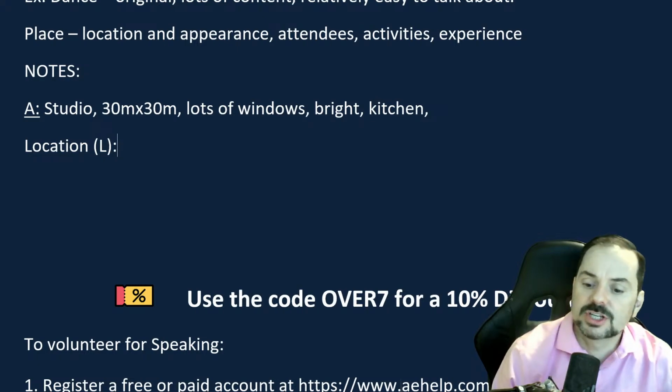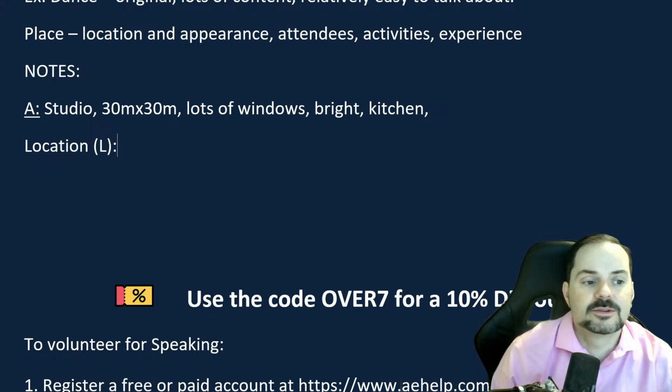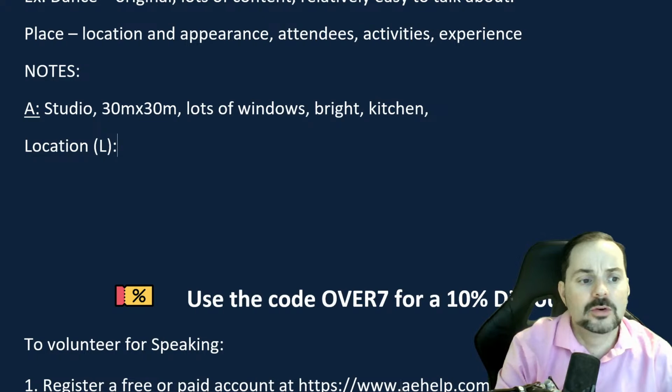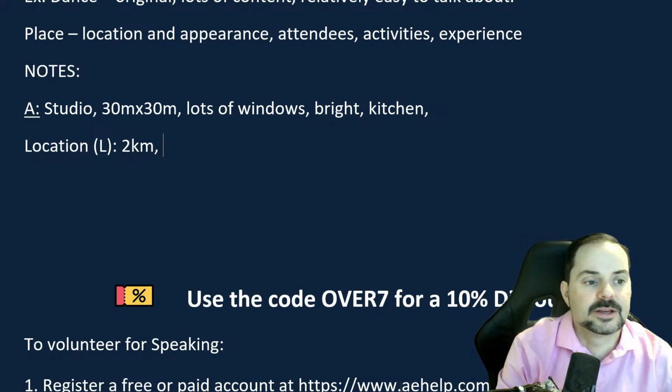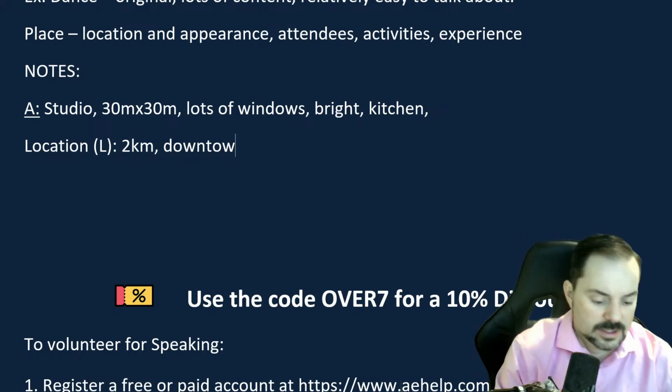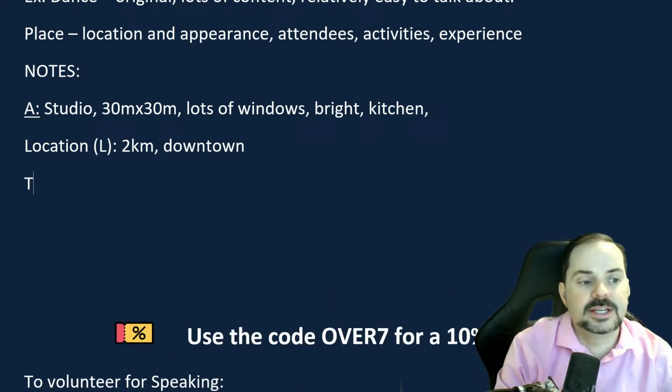Air conditioned, yes, Jatinder, so it's comfortable. Location, maybe it's like 2 kilometers from your home. And you might give something specific like close to downtown, okay? All right. And then attendees.